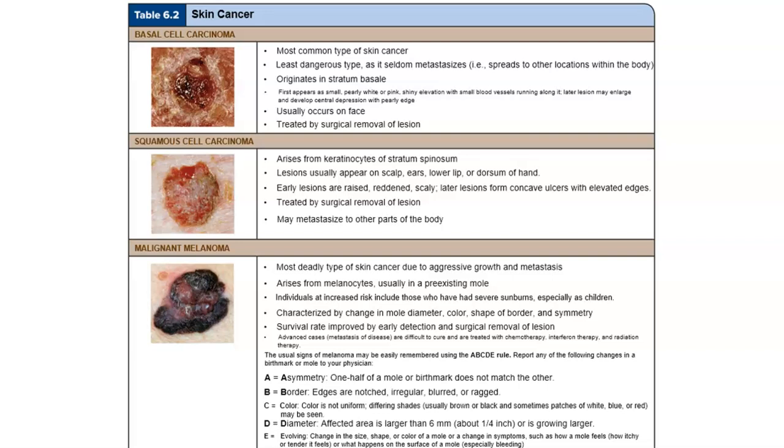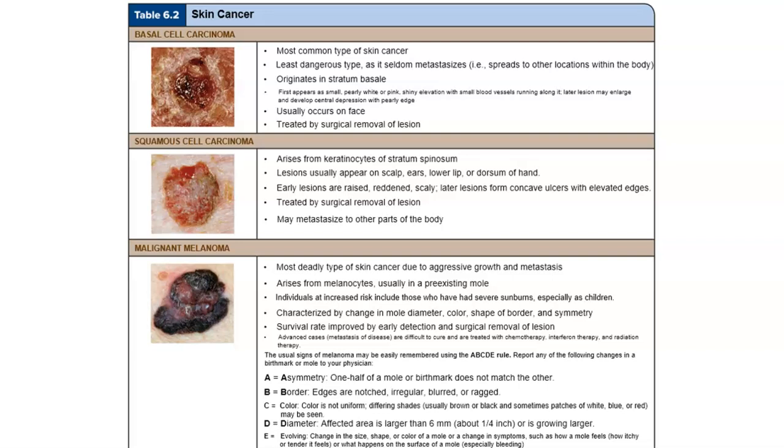So first you look for A. Is it asymmetrical? If you divide it in half, does one half of it look different than the other? B is for border. Are the borders smooth or notched, irregular, blurred, or ragged? C is for color. Is the color uniform?